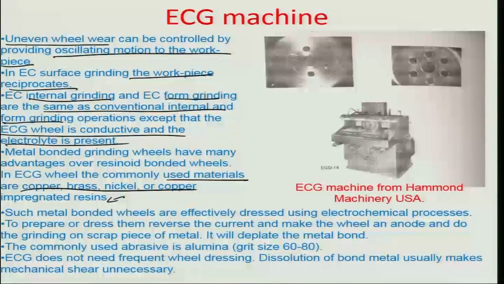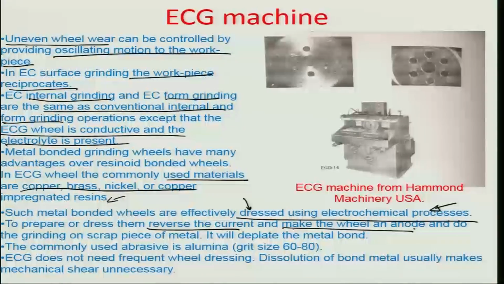Again, you can dress the wheels in the same manner by using electrochemistry. In this case no mechanical dressing is needed; electrochemical dressing may do it all. In order to dress them, a reverse current has to be flowed and the wheel made an anode, so that the dissolution starts happening from the anode.